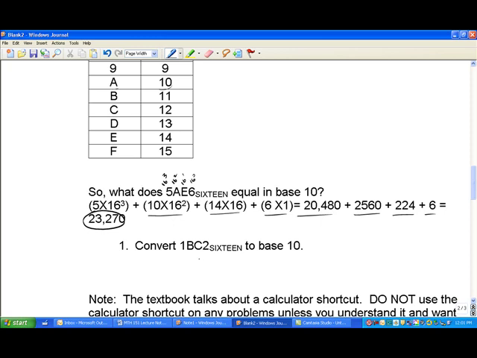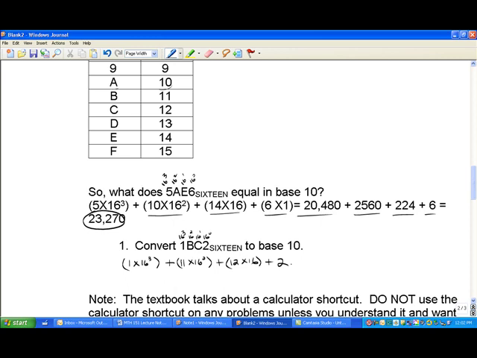Okay, let's look at this one. We have 16 to the 0, 16 to the 1, 16 squared, 16 cubed. So we have 1 times 16 cubed plus our B represents 11. Our C represents 12. And 2 times 1 is going to be 2.